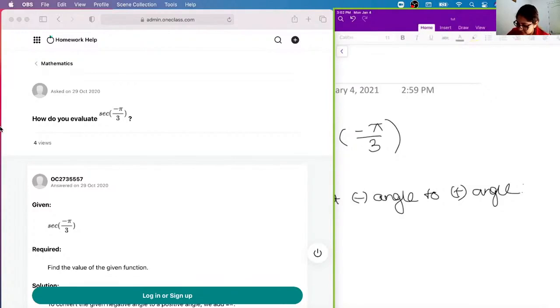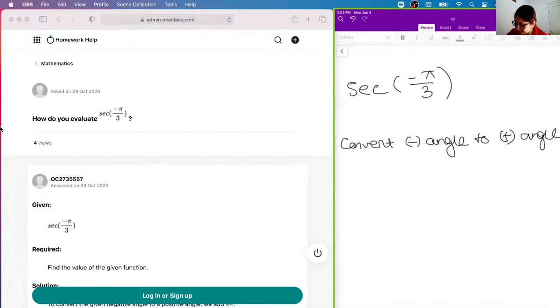Okay, so to do this, we basically have to add 2 pi to the whole angle. So we have negative pi over 3, and you have plus 2 pi.